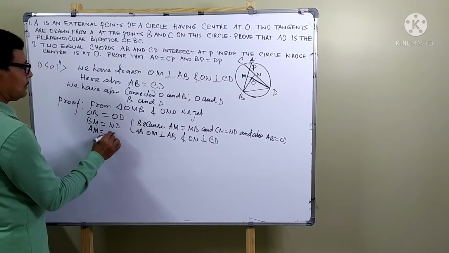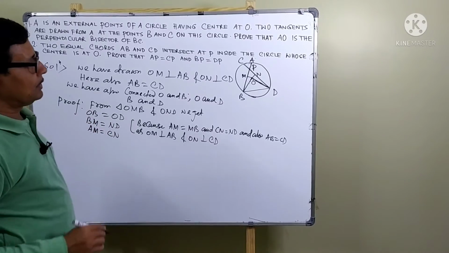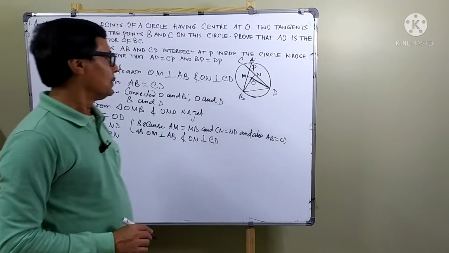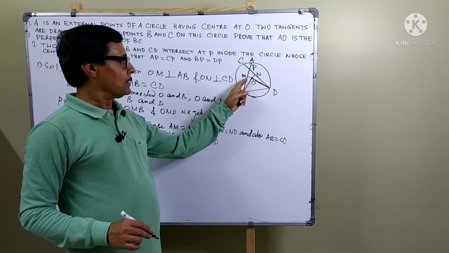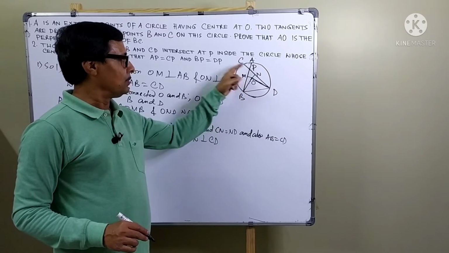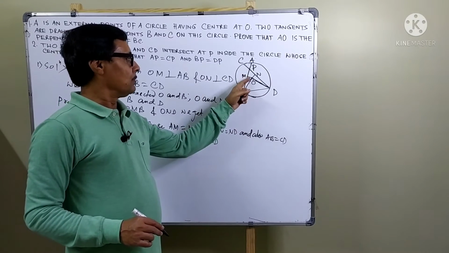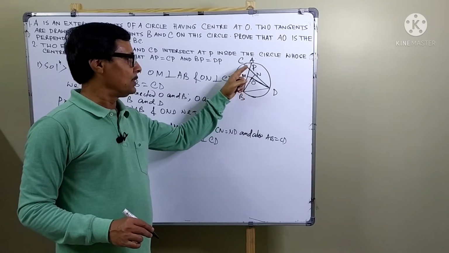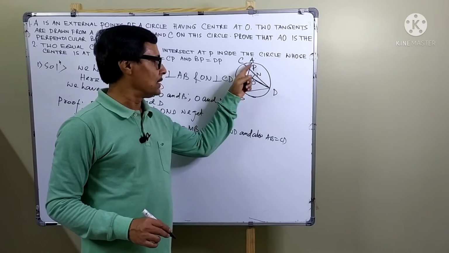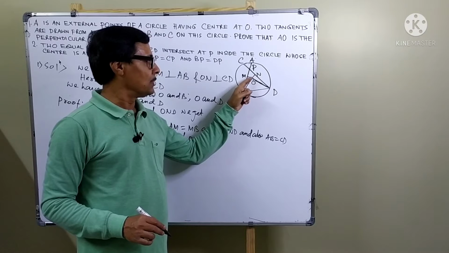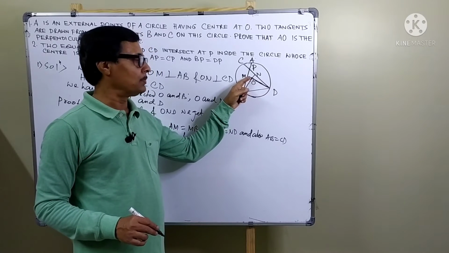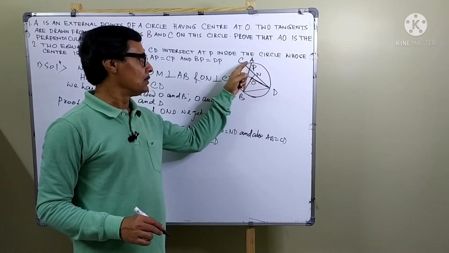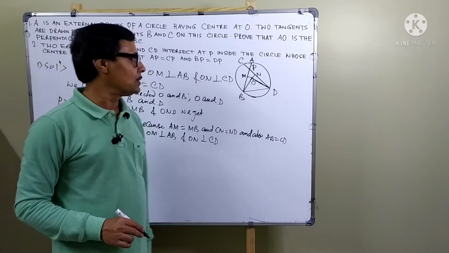OM divides AB into two equal parts, AM and BM, because OM is a perpendicular drawn from the center of the circle to the chord AB.